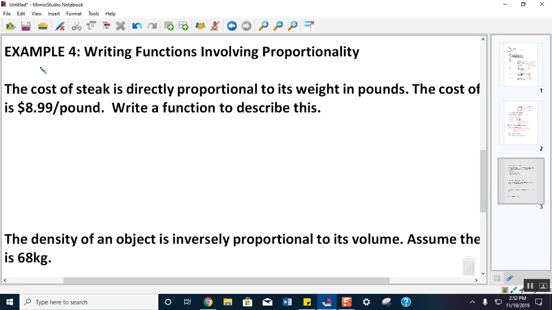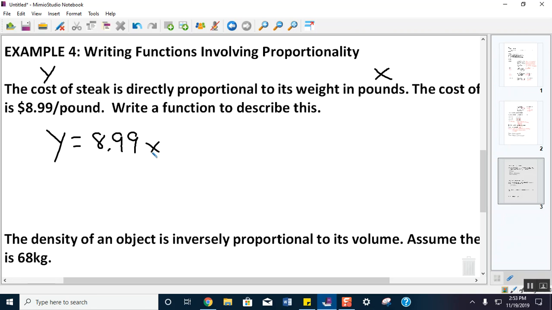I'm going to let my cost be y, and I'm going to let the number of pounds be x. If the cost is directly proportional to the weight in pounds, and each pound is $8.99 per pound, what's the function going to look like for this, kids? 8.99 times what? Well, 8.99 times x. y equals 8.99 times x.